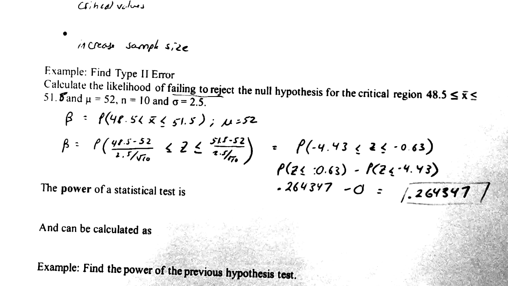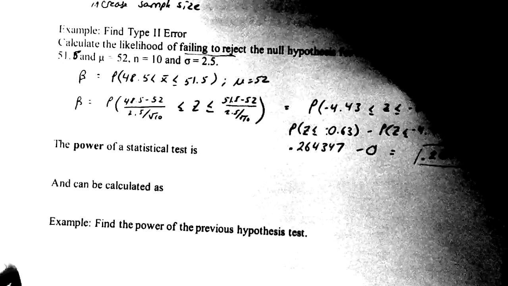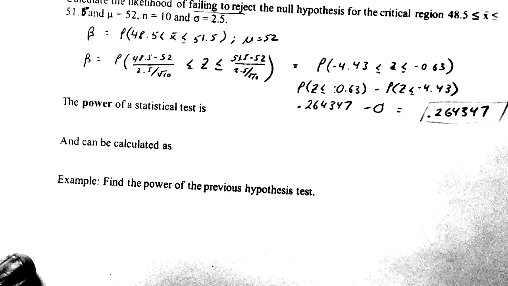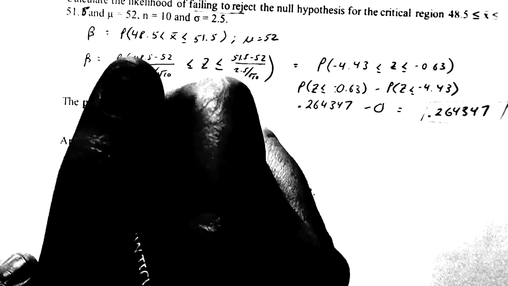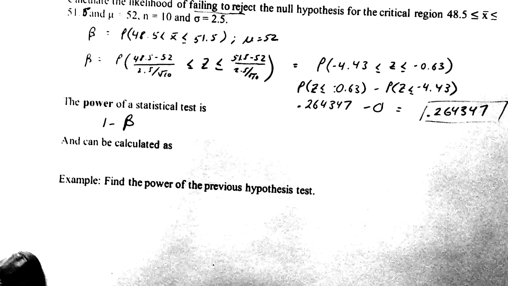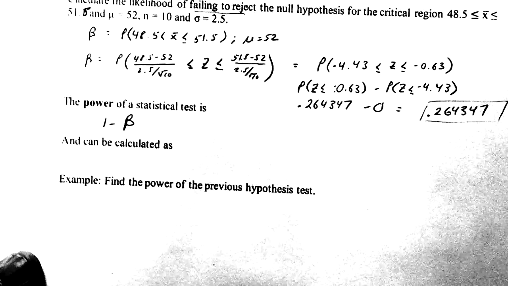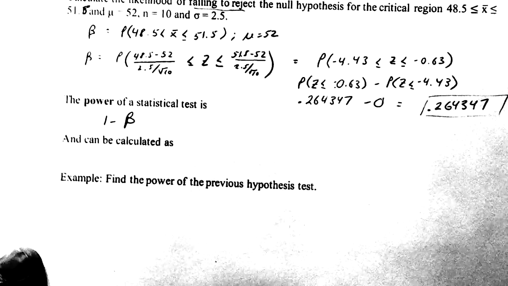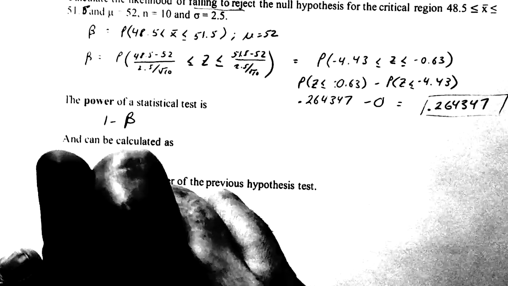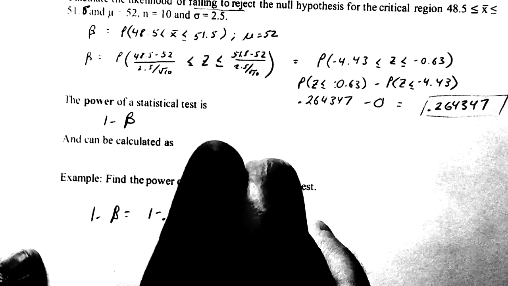26%. The final thing that we can look at in this section is the power of a statistical test. The power is equal to 1 minus beta. In this case, 1 minus beta is equal to 1 minus 0.264347.